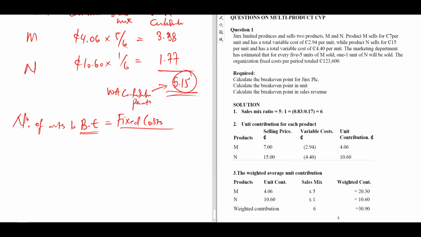Fixed cost over contribution per unit. But now since it's multiple products, it becomes fixed cost over weighted average contribution per unit, right? That's how you do it.